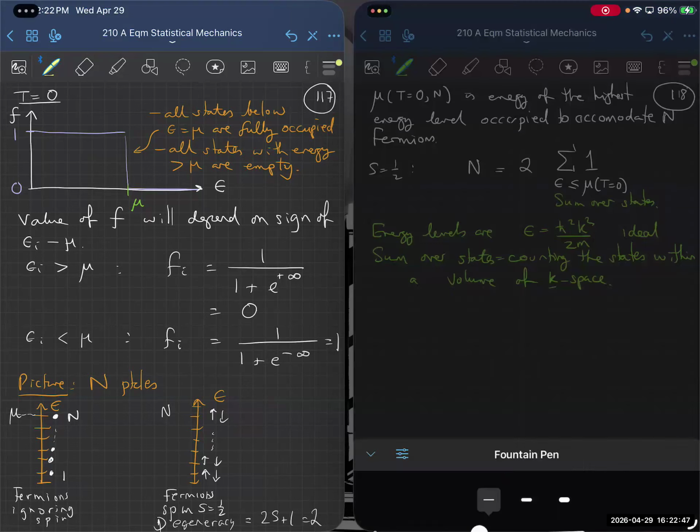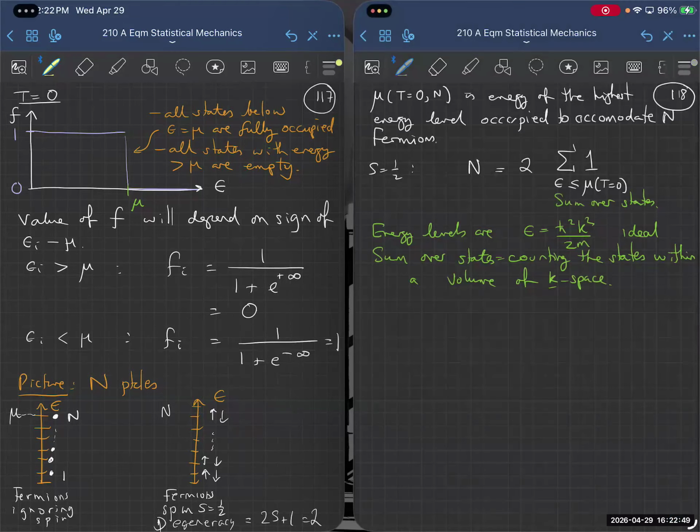So let's figure out what that volume of K space looks like. I draw K space in the following way. This is k_x, the X component of the wave number. This is the Y component. This is the Z component. I know that the energy depends on k squared, so it's an isotropic thing.